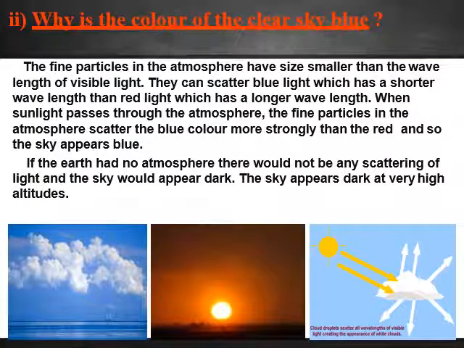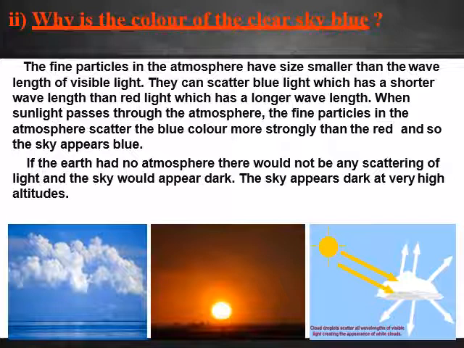What is the color of the sky? The answer is blue. So why is the color of the clear sky blue? The fine particles in the atmosphere are smaller than the wavelength of visible light. When light enters the atmosphere, they scatter blue light, which has a shorter wavelength, more than red light, which has a longer wavelength.